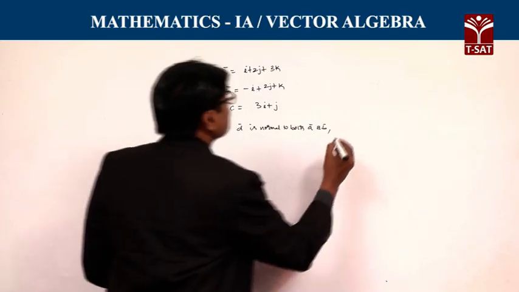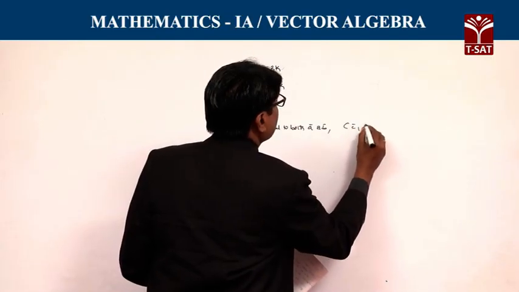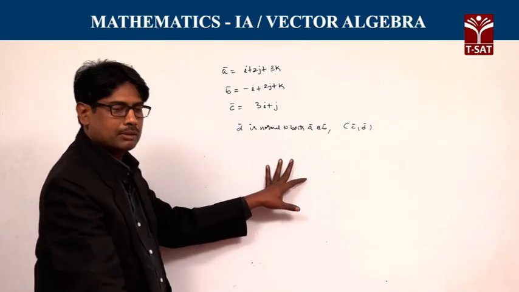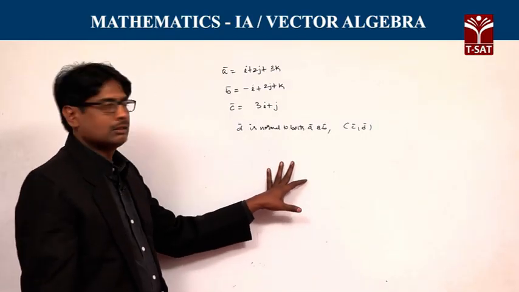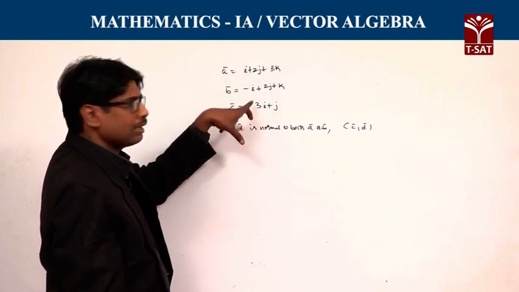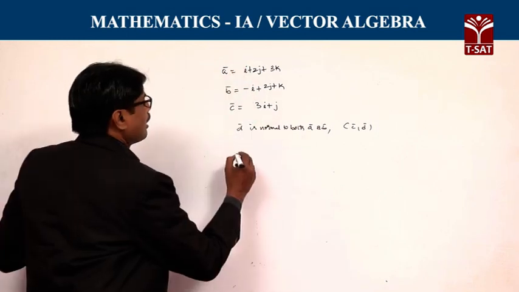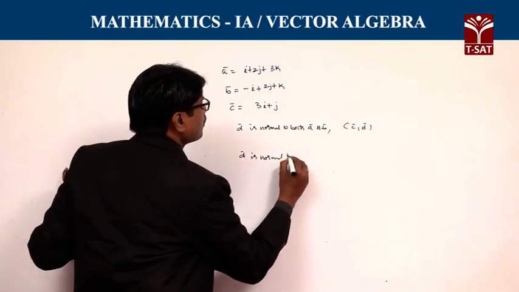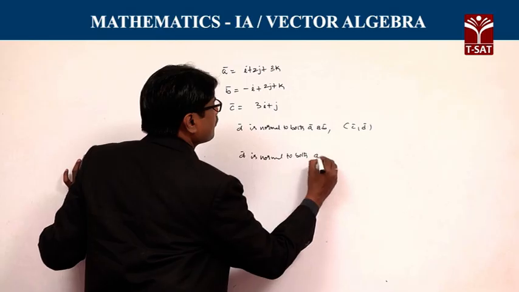Then you are supposed to find the angle between C bar and D bar. Application of the cross product as well as the dot product. Which vector is perpendicular to both A bar and B bar? So D bar is normal to both A bar and B bar.